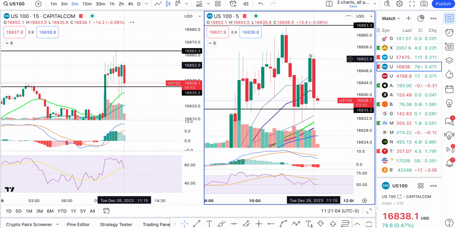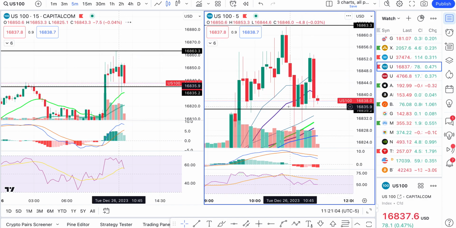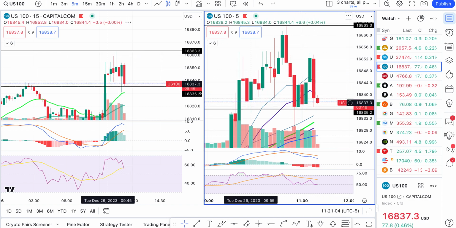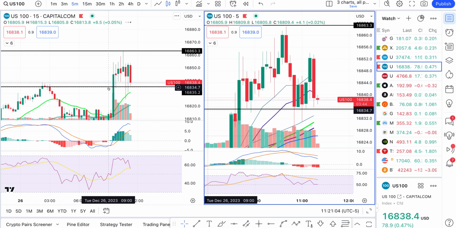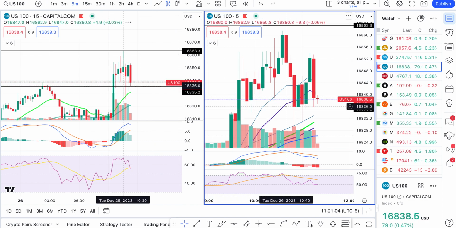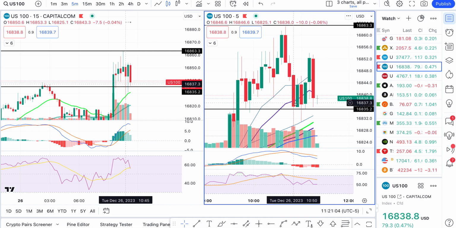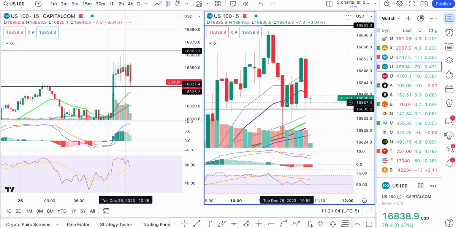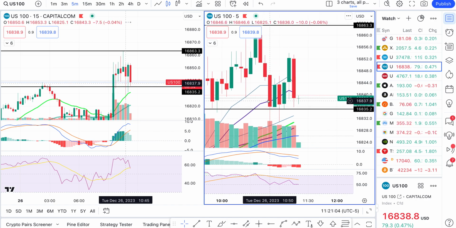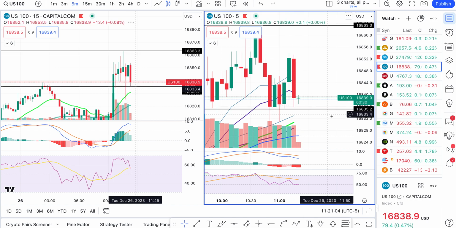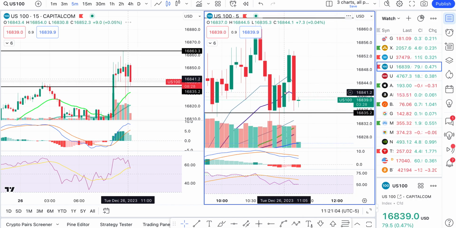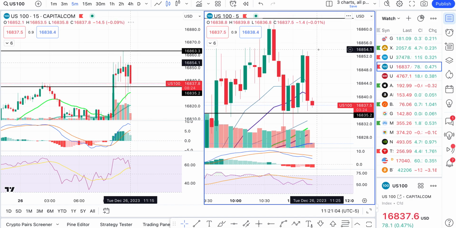Price had come down and was basing above that pivot level at 16,834.70, starting to put in what I like to call a Christmas tree. A Christmas tree is nothing but a double bottom pattern that has equal bars, alternating colored bars, culminating in hopefully a double bottom and a push back up.